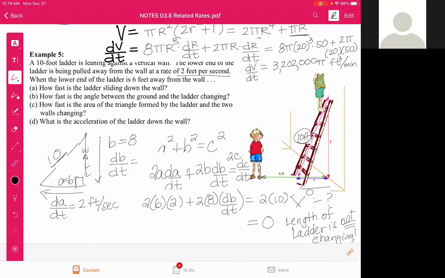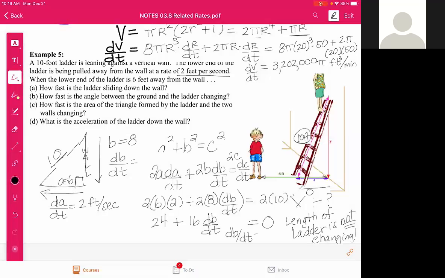Okay. So 2 times 6 is 12. 12 times 2 is 24. That's 24, plus 2 times 8 is 16 dB/dt equals 0. Solve for dB/dt. So we'll do a little subtraction, divide. Yeah, good.